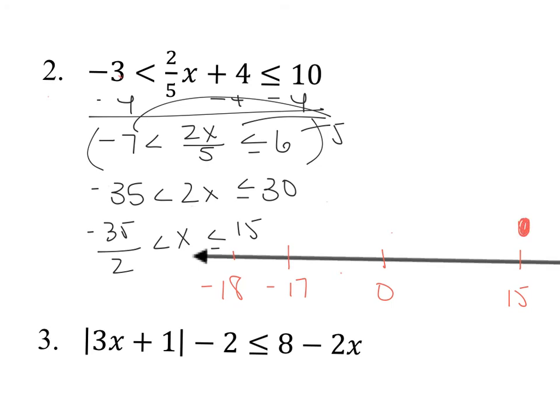Positive 15 and negative 17.5. Oops, that's an open dot. And I draw the intersection between them. If I wanted to state the interval notation, it's a parenthesis, negative 35 over 2, comma, 15, and then it's a bracket.